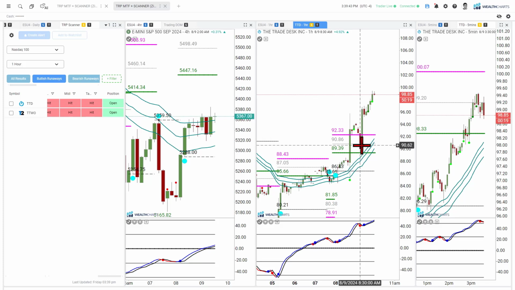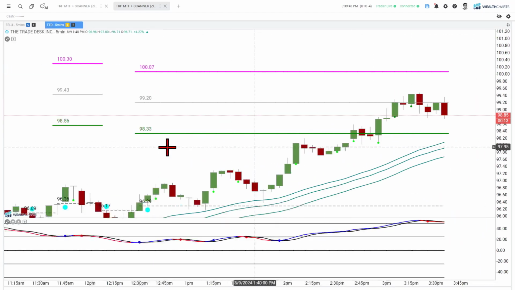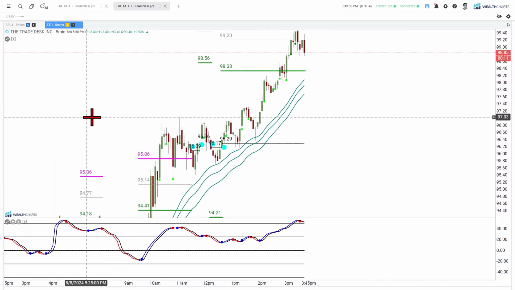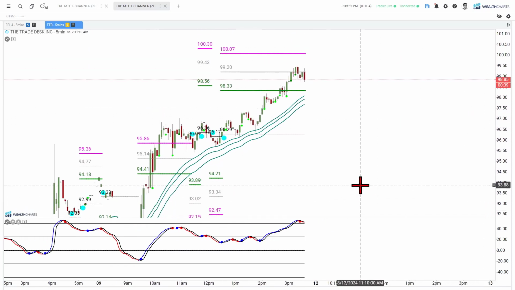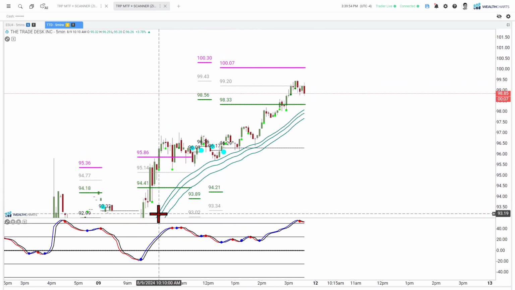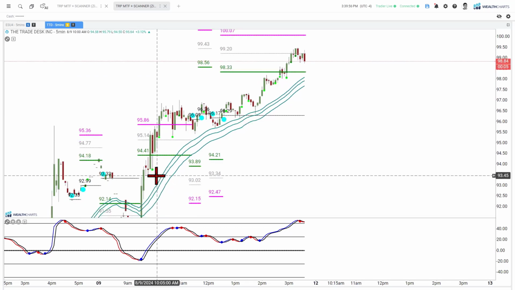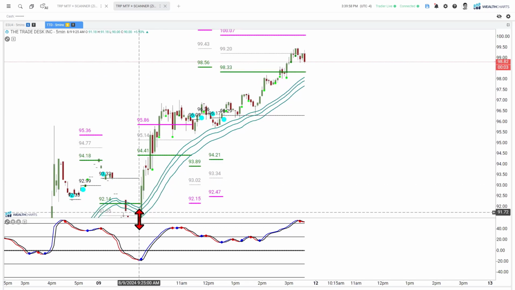Now, combine that 1-hour chart with that 5-minute chart, and I'll expose the page a little bit more here and take a look at the simplicity of entering and re-entering and how the tool does an incredible job for us on that.